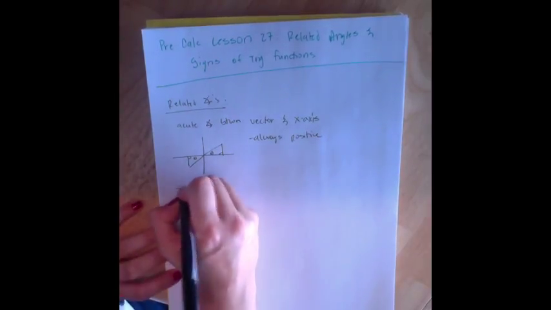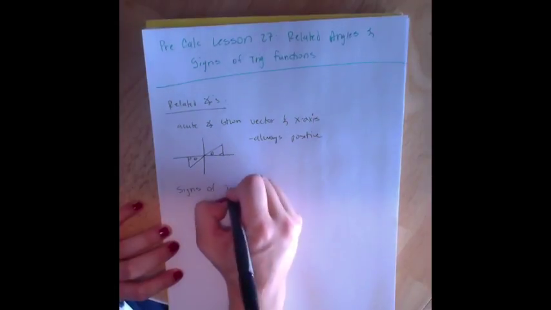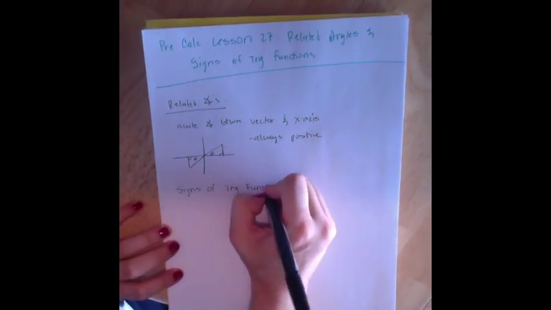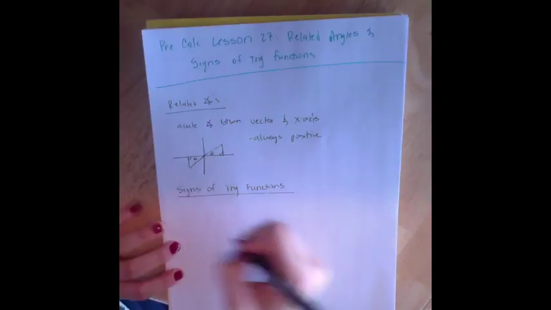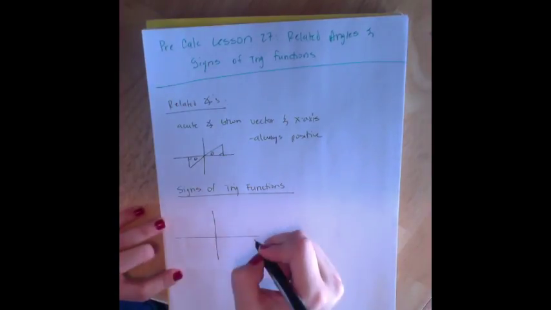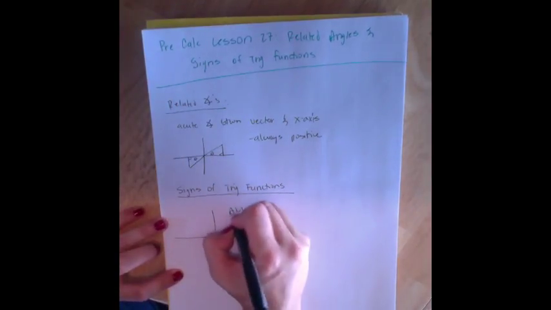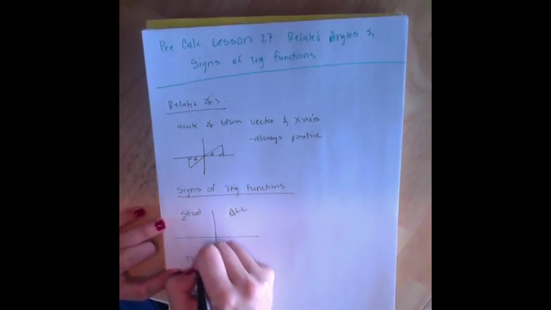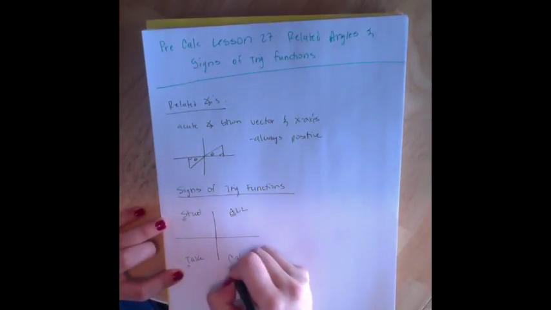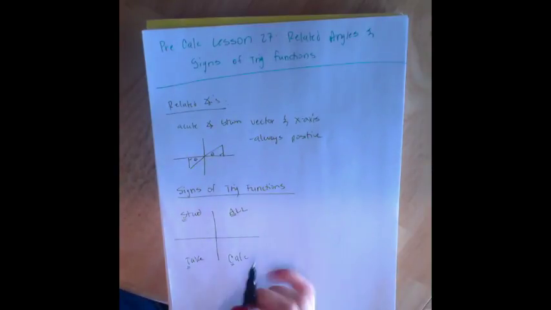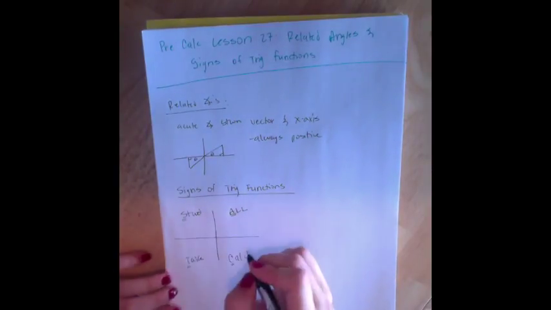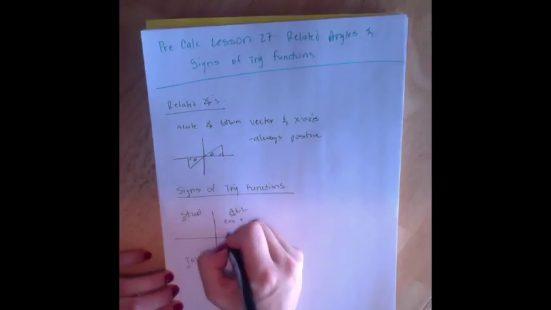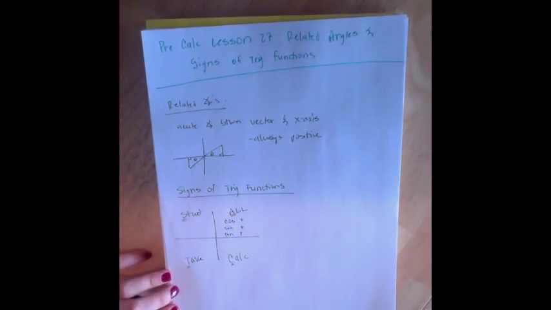Now the signs of trig functions, we have our handy dandy acronym, all students take calculus. What this tells me is in the first quadrant all are positive, so cosine is positive, sine is positive, and tangent is positive.